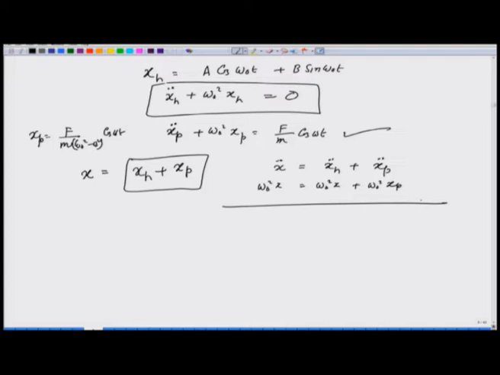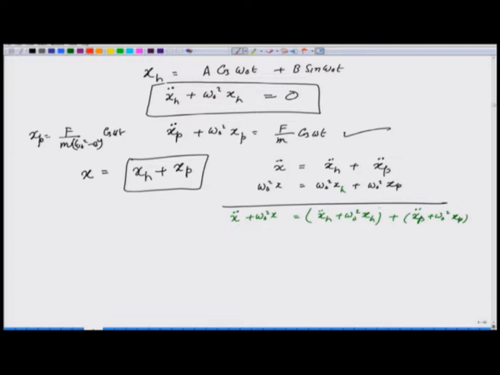If I add the two, I get x double dot plus omega naught square x equal to x homogeneous double dot plus omega 0 square x homogeneous, plus x particular double dot plus omega 0 square x particular.